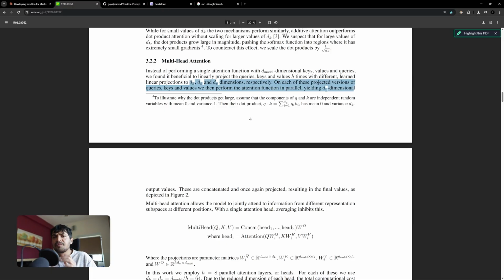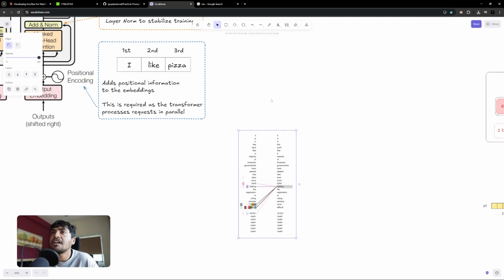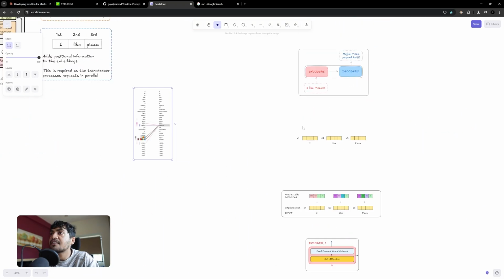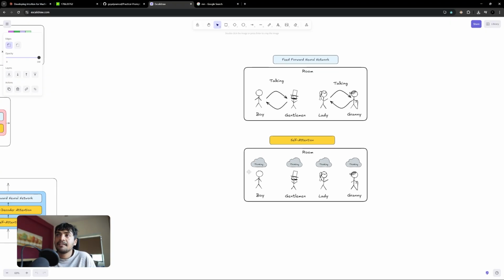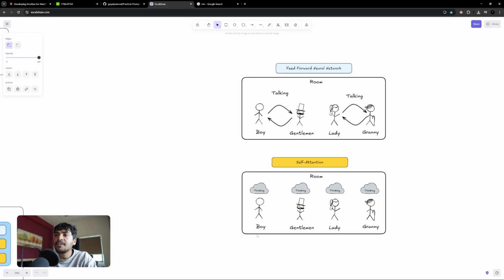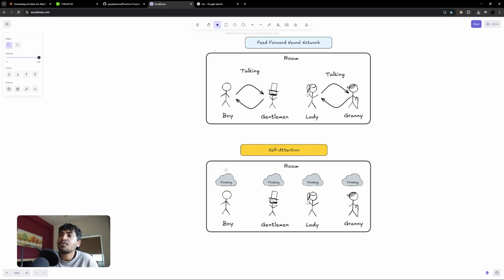So it sounds very complex, but I'll just take a small section from our last video to show you what actually is going on. So what self attention basically does is that you have your different tokens, and it lets you think about, okay, how are different tokens related to me. So if there's a token boy, boy will start thinking about, okay, there's a gentleman, there's a lady, and there's a granny, and he starts noticing the details of the gentleman, the granny, the lady, and so on.